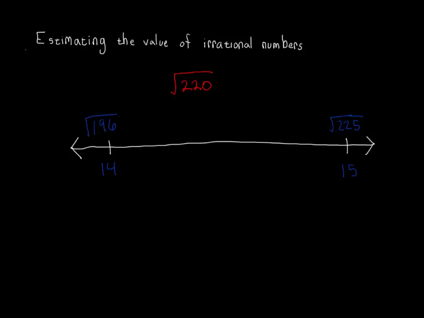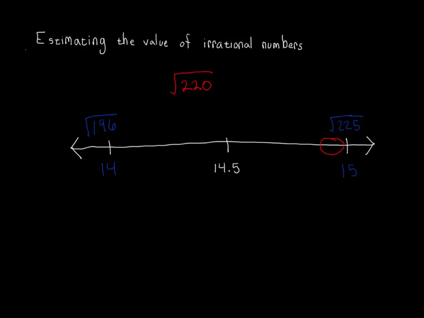We need to know, is it going to be closer to 14 or closer to 15? Well, clearly the difference between 220 and 225 is much smaller than the difference between 220 and 196. So let's go in here and mark out our midpoint at 14.5. And then let's make a guess that 220 is going to be right around here, pretty close to the square root of 225.